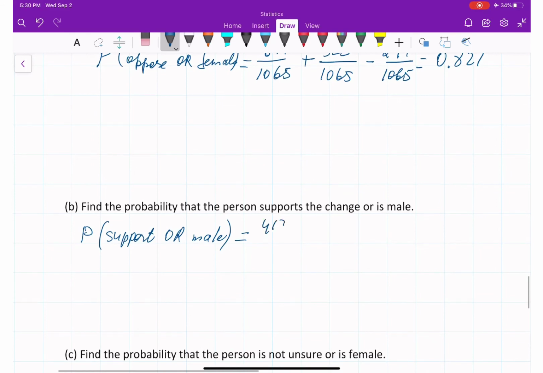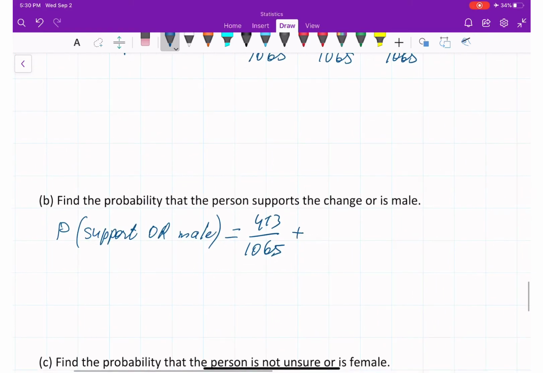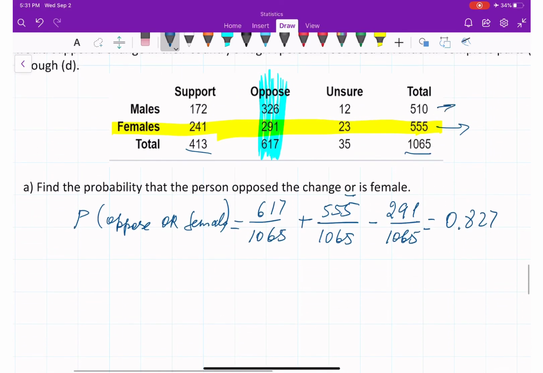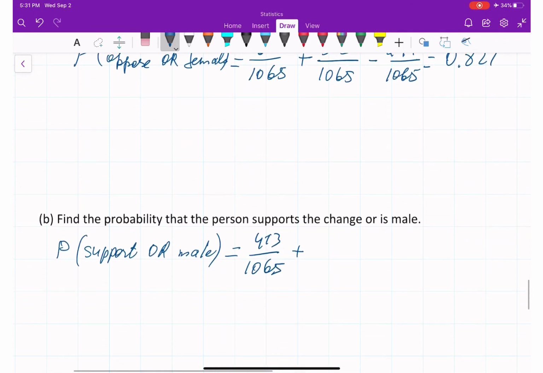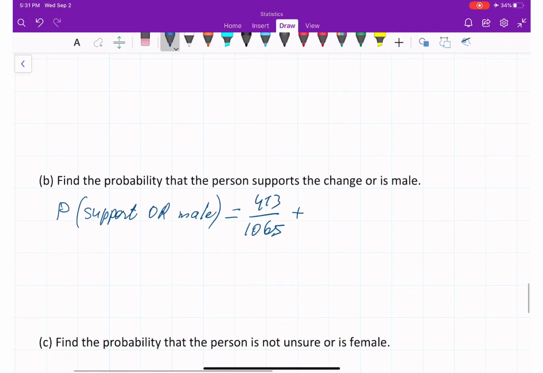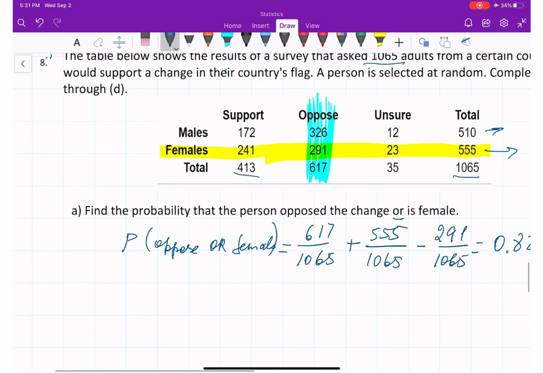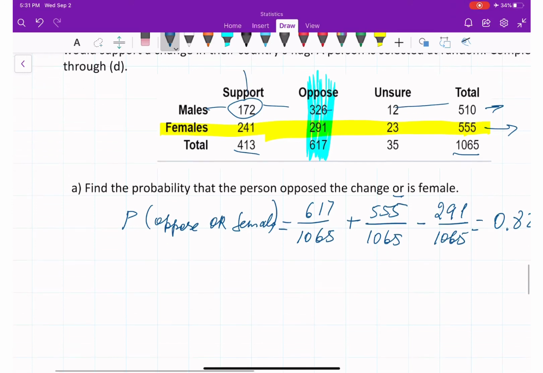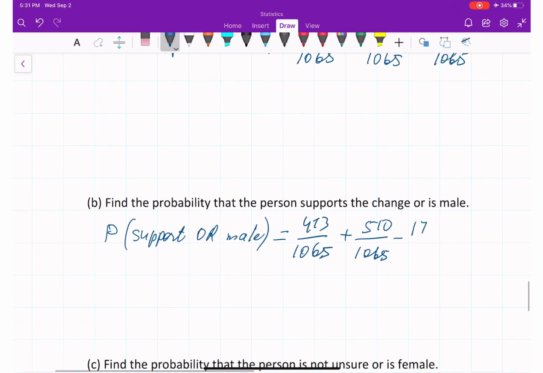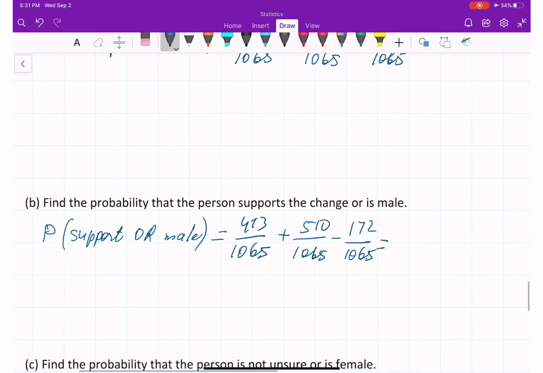So 413 over 1065, or how many males we have here? 510. And obviously we are going to subtract 172 because male and support, right? Overlapping 172. And that is equal 0.705.